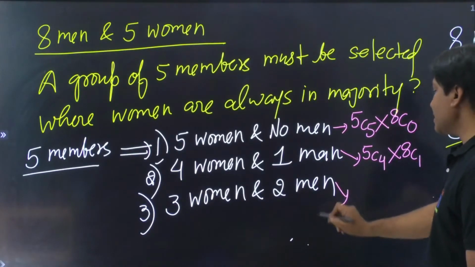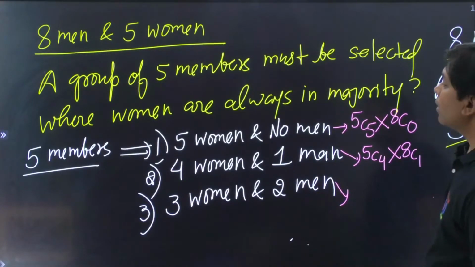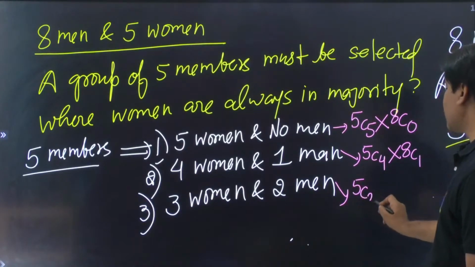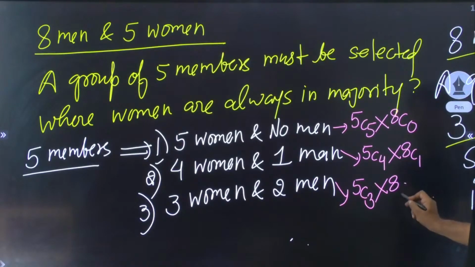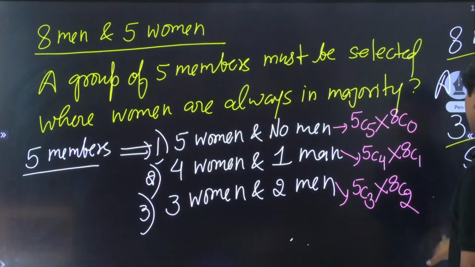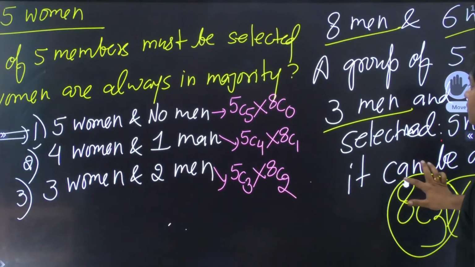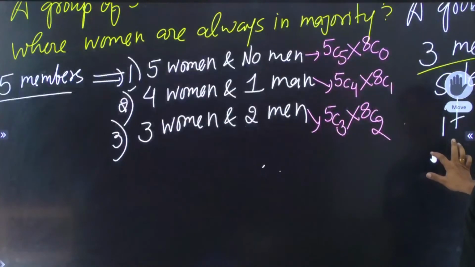And in this case, it becomes 3 women, so 5C3, into 2 men, which is 8C2. Did you understand this thing? अच्छा, ये तो ऊपर ही जाना पड़ेगा फिर हमारे को, तो स्पेस है नहीं यहाँ पे.